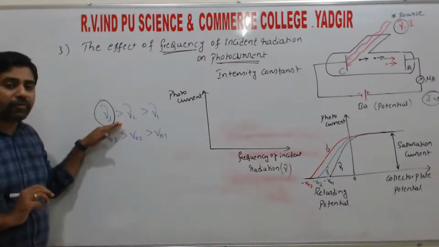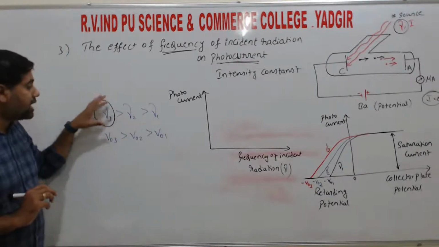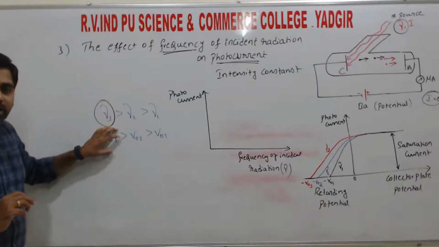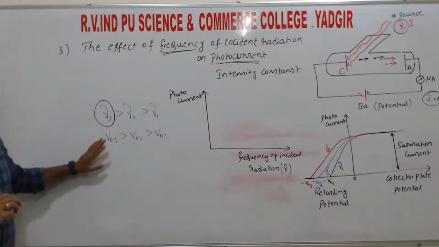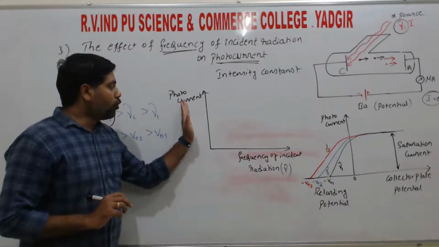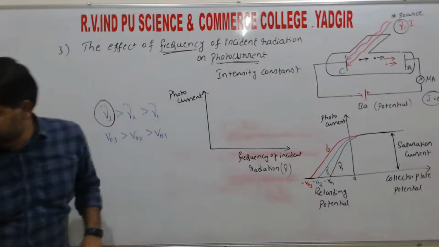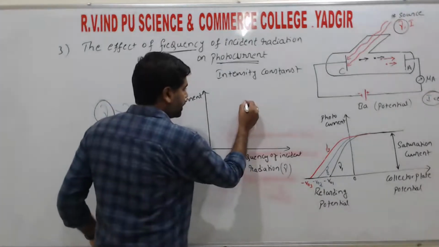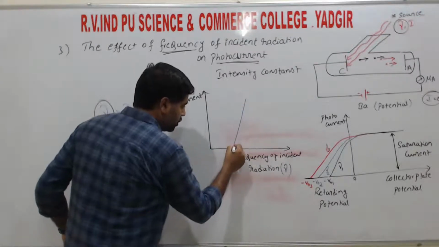As frequency is more, the stopping potential should be more. So this explains it, right? If we plot the graph of photocurrent against the frequency of incident radiation, we get a curve like this.